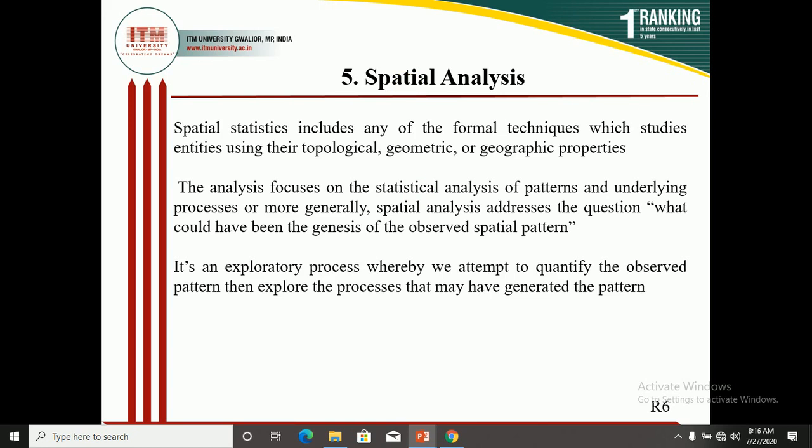Spatial analysis is similar to GIS technique, but there is a basic difference between GIS and spatial analysis. Let us take an example to understand this topic more clearly.